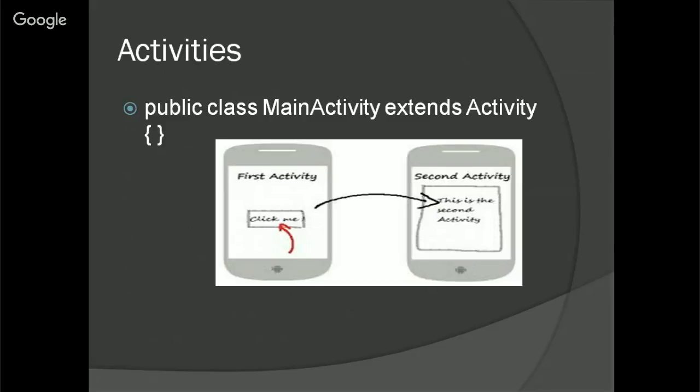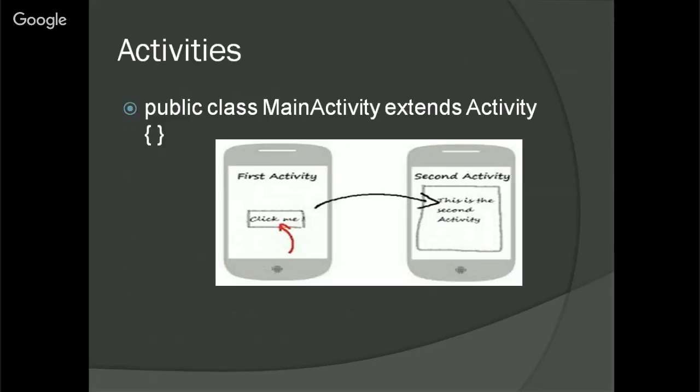Now, if you move to the second activity, it is generated because of the first activity, because it was clicked. What I'm trying to say here with the first and second activity is that the first activity is also a UI, that is the user interface.